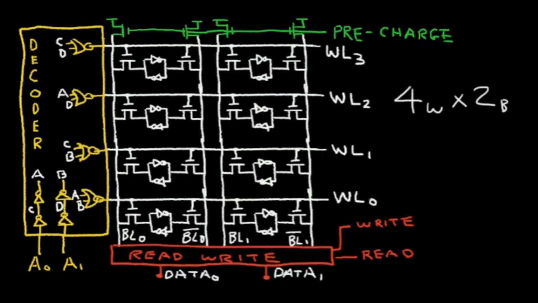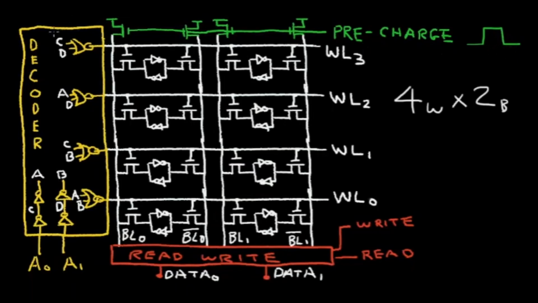Now the pre-charge circuit is shown in green. And recall that prior to doing a read operation, I want to set all my bit lines high. So I'm going to give the pre-charge a small pulse. And then when this pulse goes low, I'm going to perform my read operation.